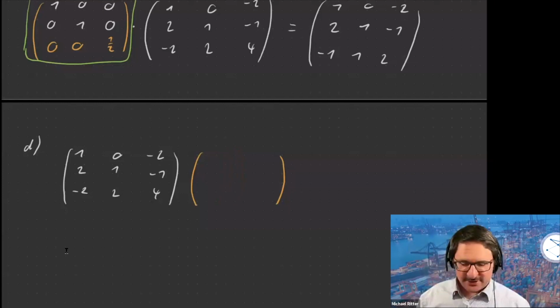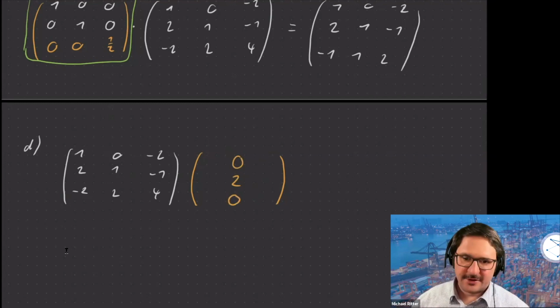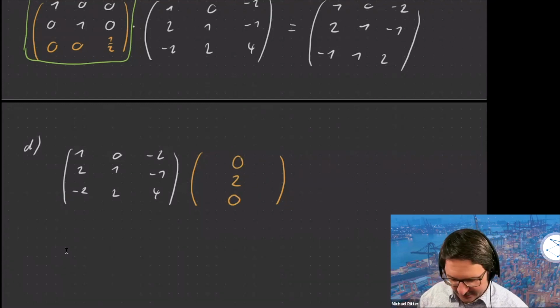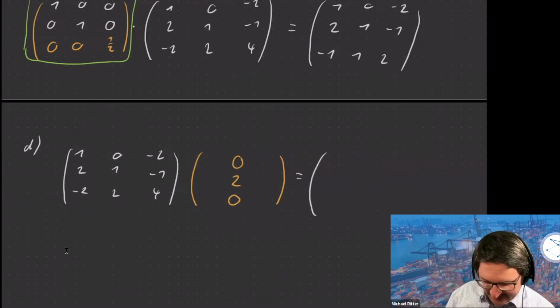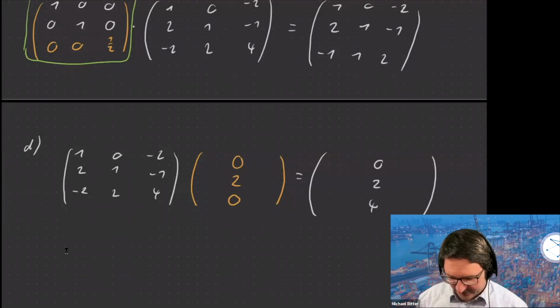And what we want as a result is a combination that takes 0 times the first column, 2 times the second column, 0 times the third column. So this will produce a matrix that has as its middle column 0, 2, 4, right?